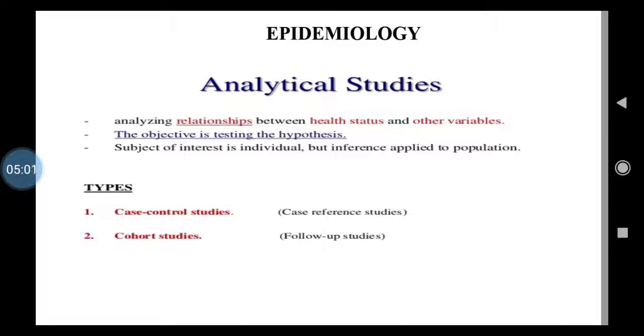Now, this is the second major type of epidemiological study. Here the individuals are taken from the population and then the study is carried out on those individuals to find out the exact cause of the disease.